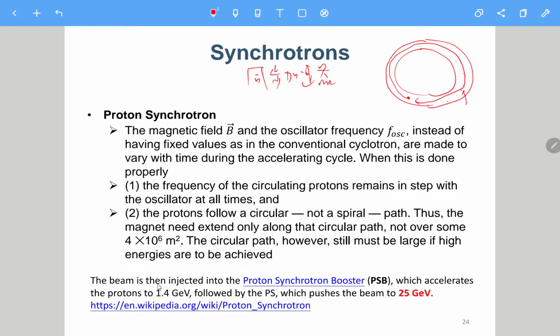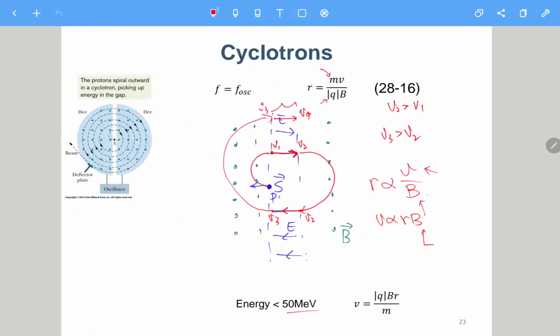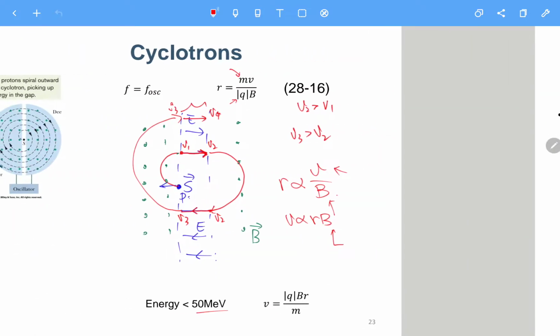It says that the beam is then injected into the proton synchrotron booster, which means that we first accelerate the particle up to 1.4 GeV, and then it can be injected into the proton synchrotron itself, and then this proton synchrotron can push the proton from 1.4 GeV to 25 GeV. So this 25 GeV is of course much larger than 50 MeV.